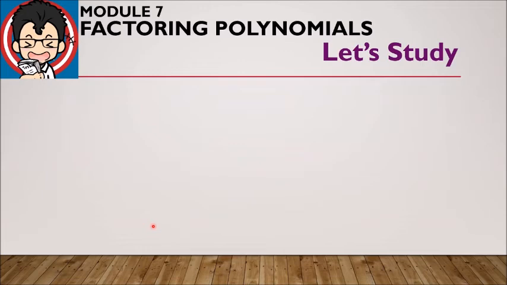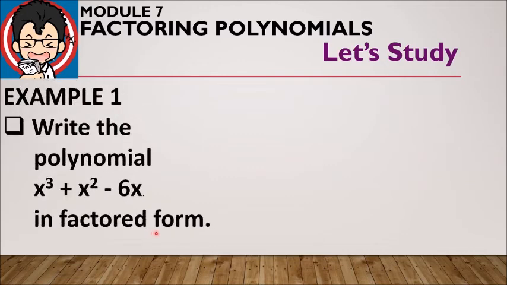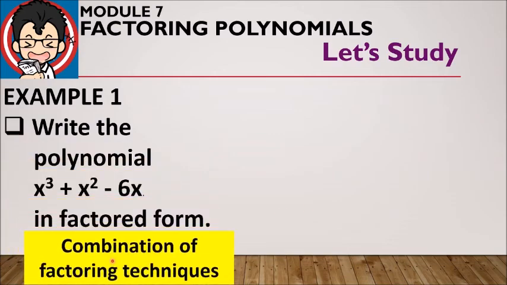Before we move on to the last example, balikan lang muna natin yung mga examples na meron tayo kanina. Example number 1 and example number 2. Now, sa example number 1, we use a combination of factoring techniques. Okay? Para makuha natin yung mga factors na kailangan natin.